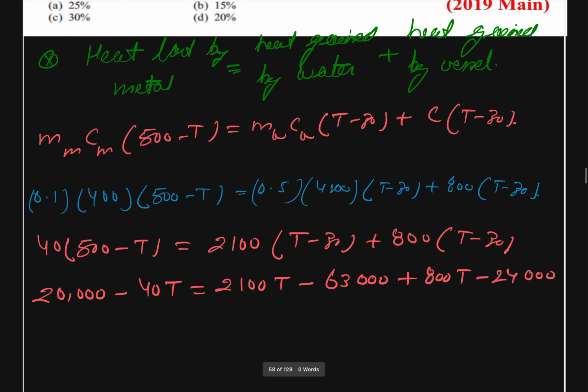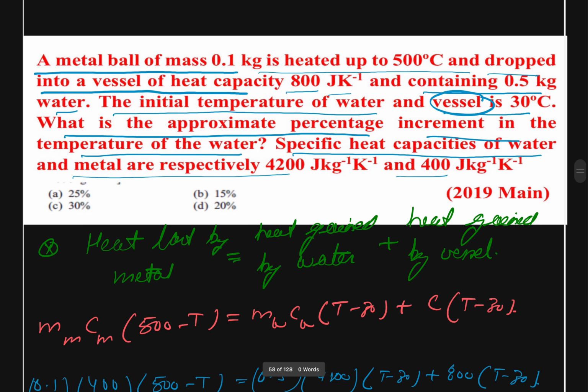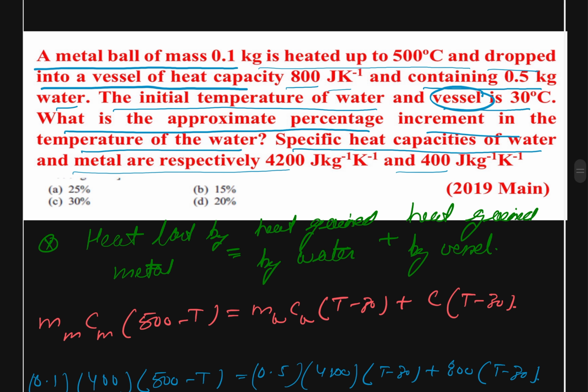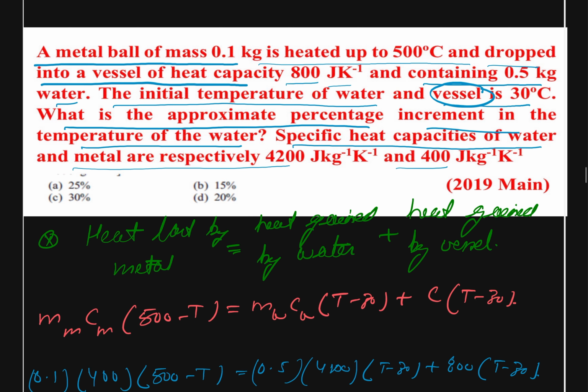Let me check. 0.1 kg, specific heat of water is 4200, and metal is 400. Yeah, this is correct.